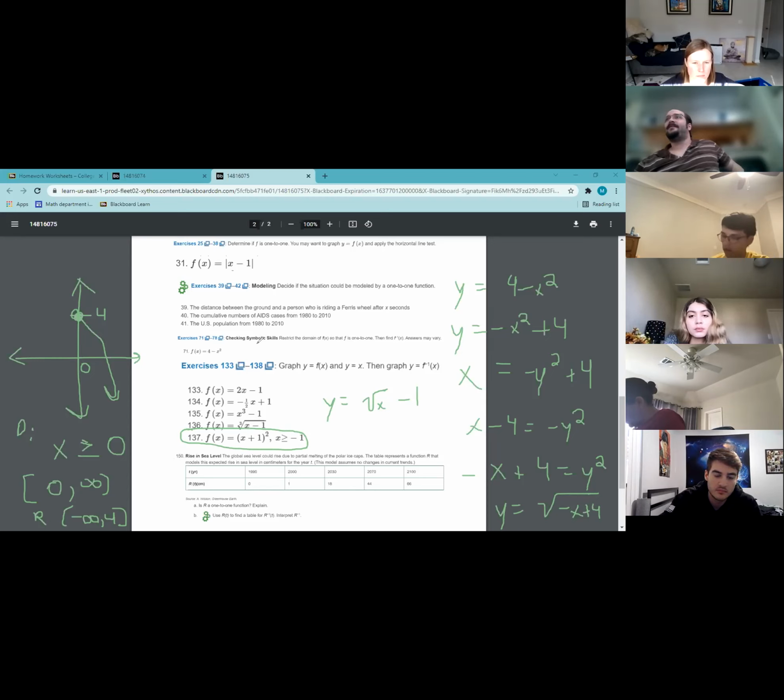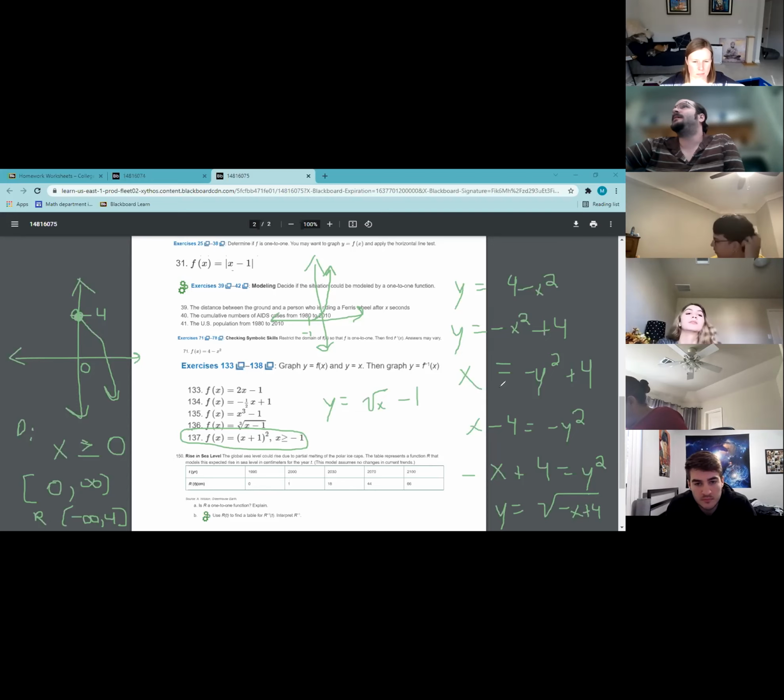If we want to graph this thing, x plus 1 squared is a parabola moved to the left one. And this is the root of x minus 1.